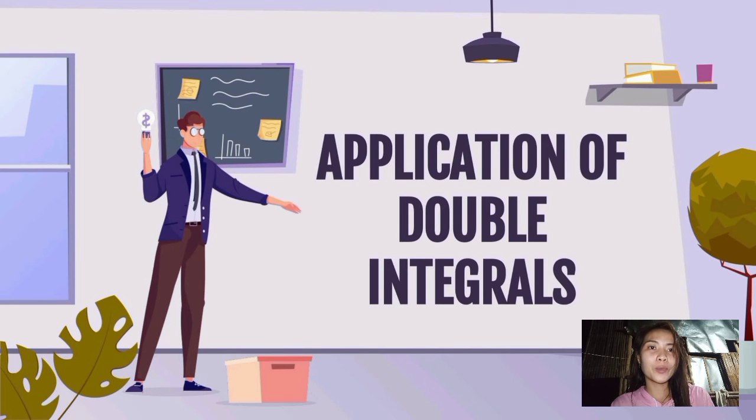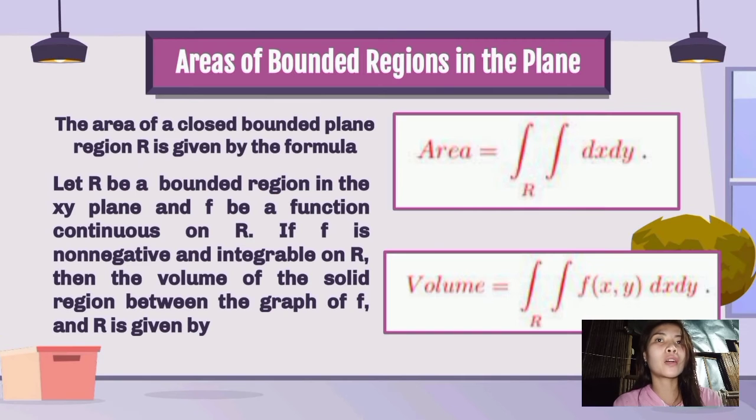So now let's proceed with the applications of double integrals. First, we have the areas of bounded regions in the plane. The area of a closed bounded plane region R is given by the formula: area is equal to the double integral dx dy.